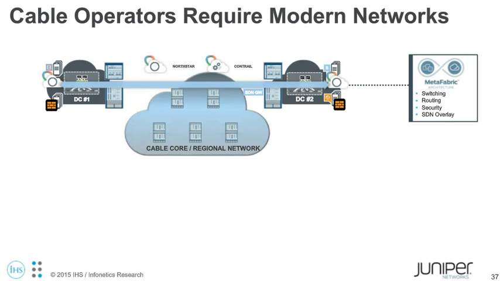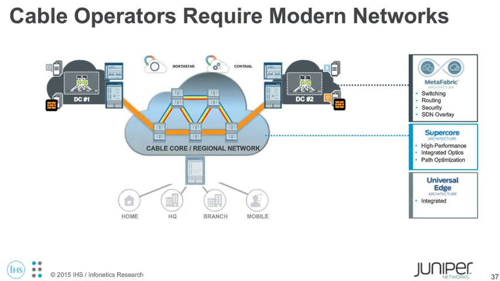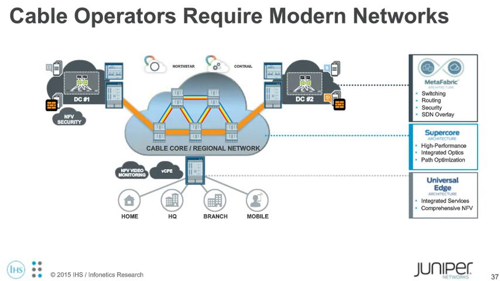We think that the cable networks of the future not only will be oriented around the metro, but will be very much oriented around a data center. We mentioned the core. We're building these lightweight transport-oriented routers in which we can integrate optics and then use software to optimize the path selection algorithms that are applied into these networks. And we think that this is a key to building scalable cable networks in the future.